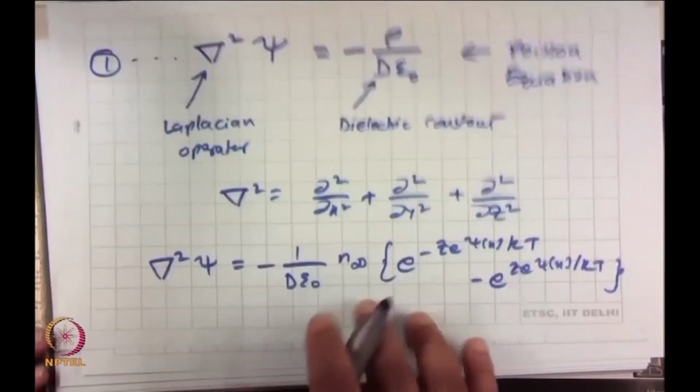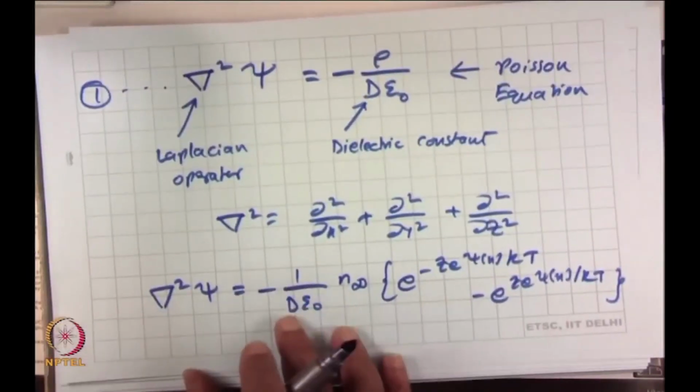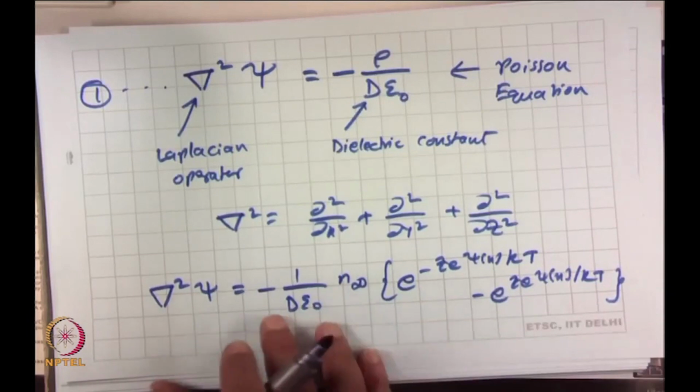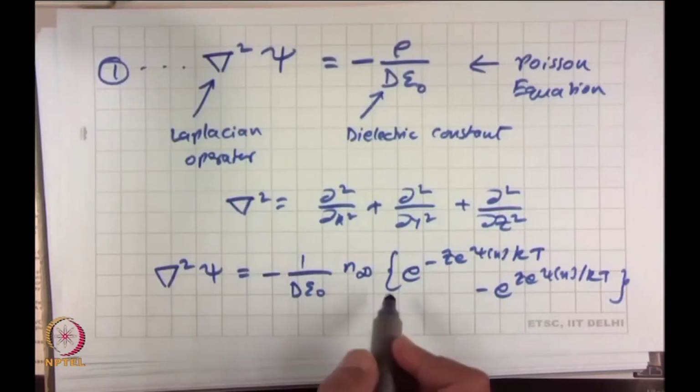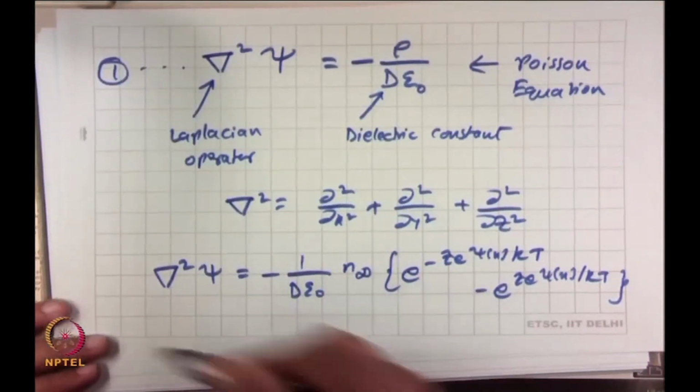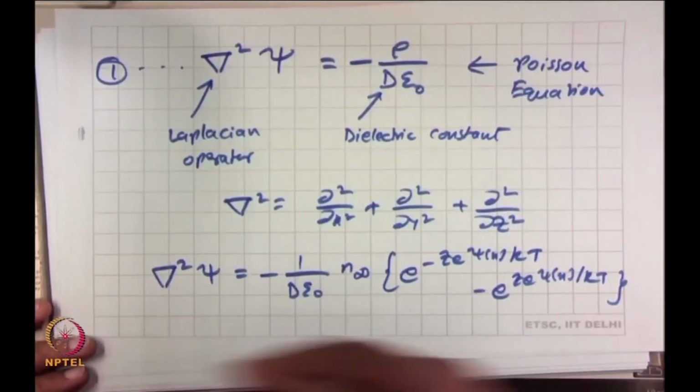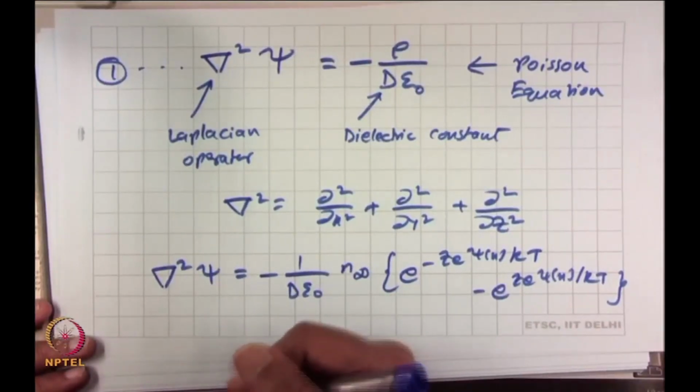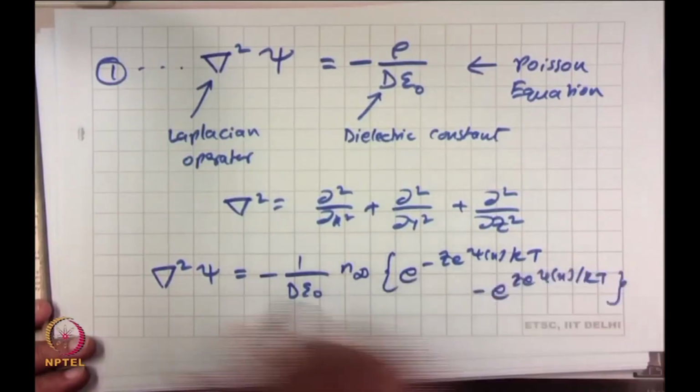That means, if you are going to solve this equation, like when you solve Schrodinger equation, what do you get? You get psi, which is the wave function, obviously along with the eigenvalue, the energy. Similarly here, if I am going to solve this equation, what am I going to get? I am going to get psi, provided I know what? Provided I know d, provided I know the number of ions and all these things.